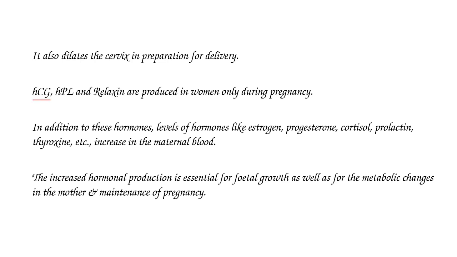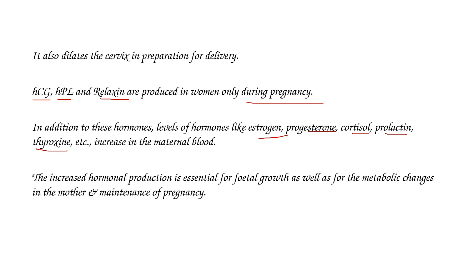HCG, HPL and relaxin are produced in women only during pregnancy. In addition to these hormones, levels of hormones like estrogen, progesterone, cortisol, prolactin, thyroxine, etc. increase in the maternal blood.